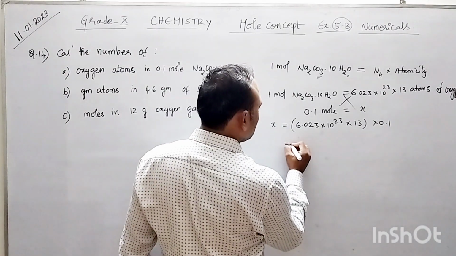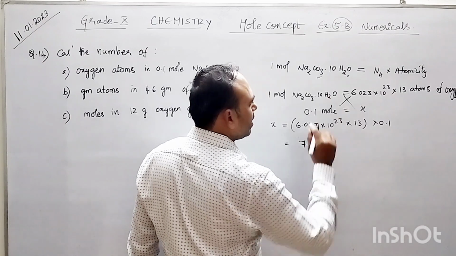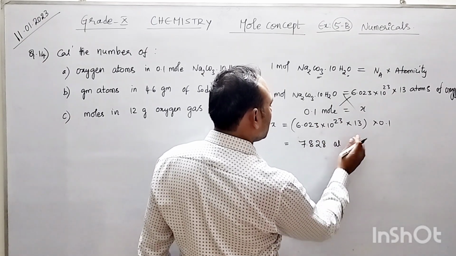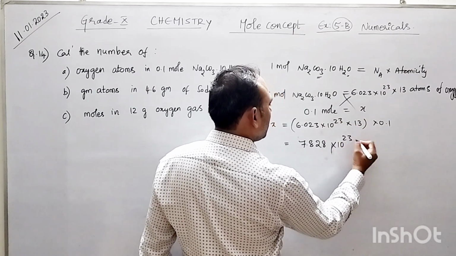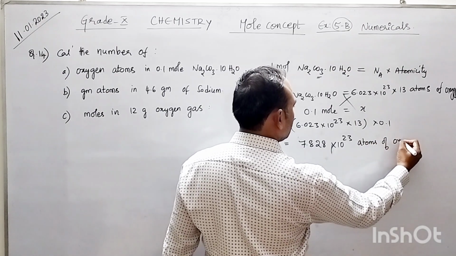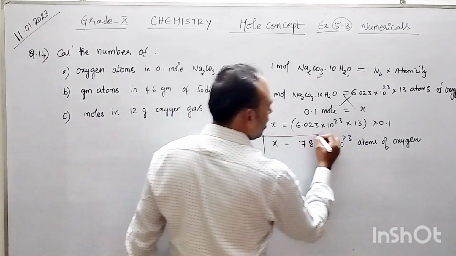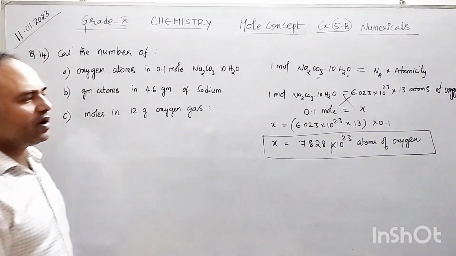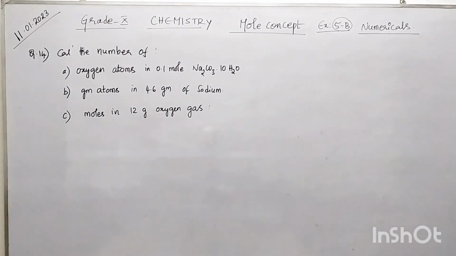The whole thing is 7.828, I have already calculated this. 7.828 into 10 to the power of 23 atoms of oxygen. So x is 7.828 into 10 to the power of 23 atoms of oxygen. So hope you have understood.